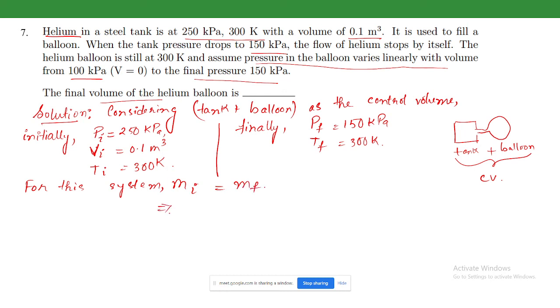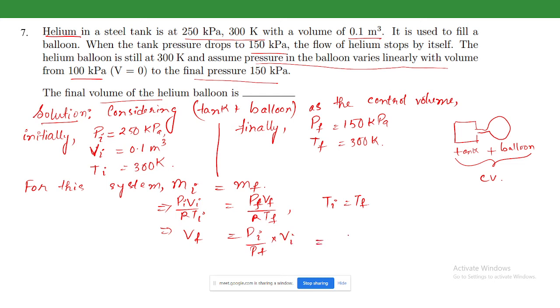So that is Pi Vi by R Ti. We are considering helium to be an ideal gas. Pf Vf by R Tf. But Ti and Tf are equal. Therefore, the final volume Vf is equal to Pi by Pf into Vi.